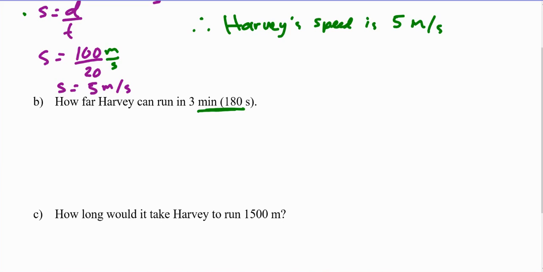We're going to start off with our S equals D over T. We have to find how far, which means how far is distance. That's what we're looking for, so that's what we're going to isolate. So to get D by itself, we have division by time, so we must multiply both sides by T.